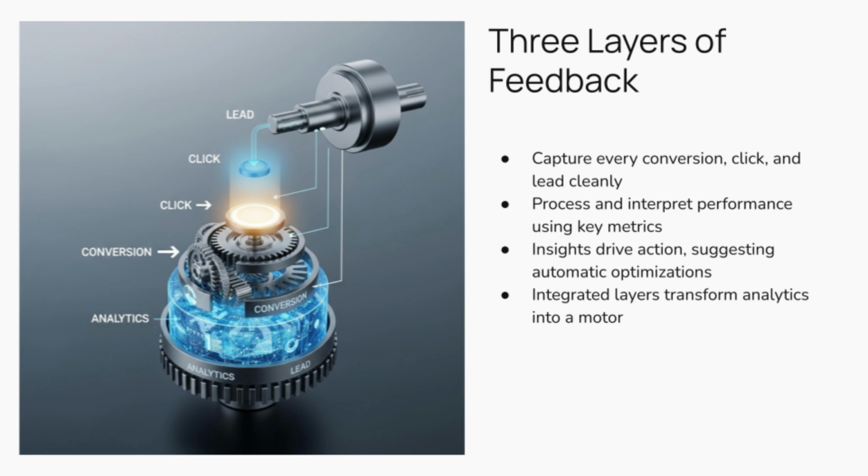Use Google Sheets or Looker Studio to automate daily imports and compare key metrics, ROAS, CPA, CTR, CVR, etc. Decision layer. This is where insights drive action. Instead of asking what happened, your system should say what to do next. That's where AI summaries or custom formulas can suggest optimizations automatically. When these 3 layers work together, your analytics stops being a mirror and becomes a motor that drives your campaigns forward.